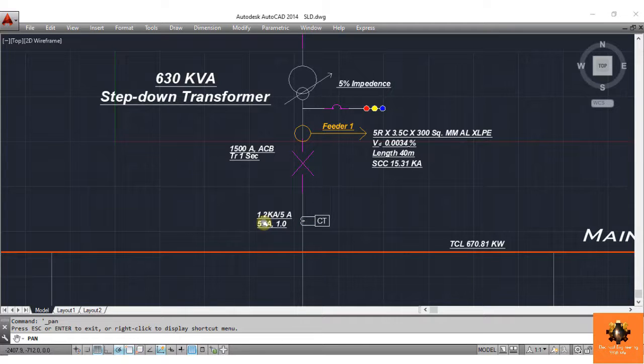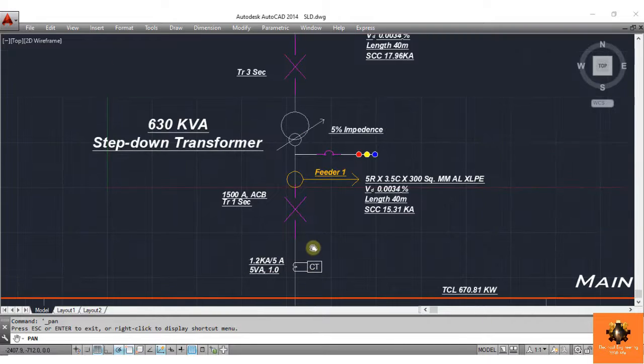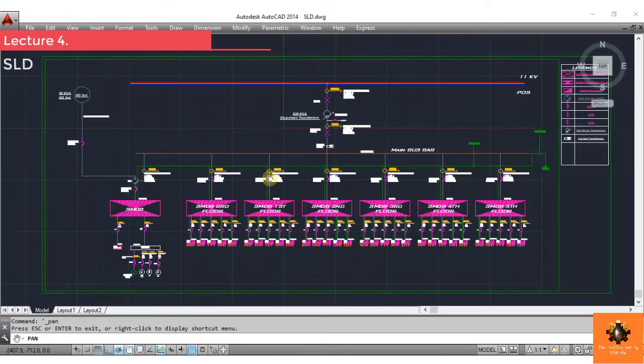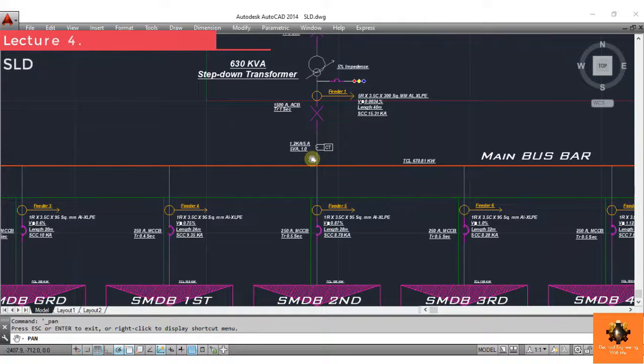This current transformer is stepping down the current value to 5 amperes at the secondary side with the burden value of 5 volt amperes. Okay, hope till now it is clear for you. So till now we have completed up to this point.